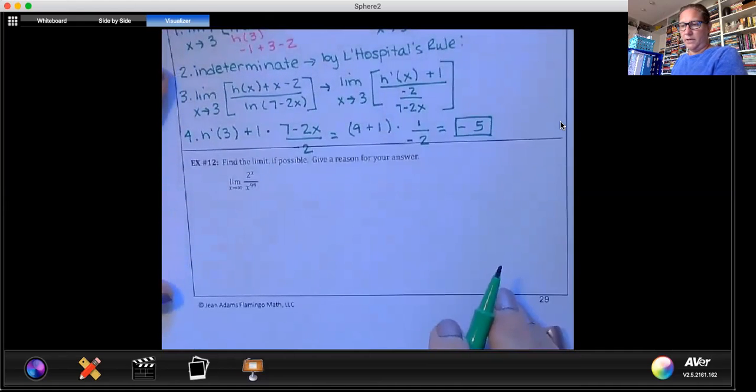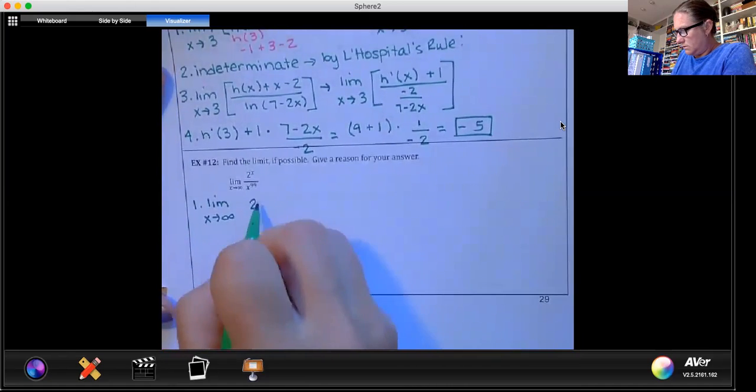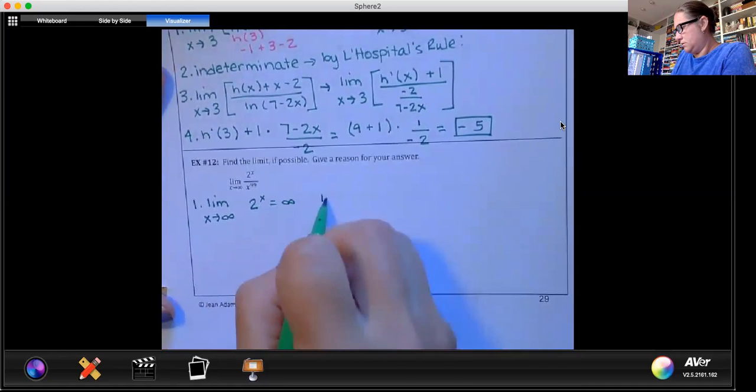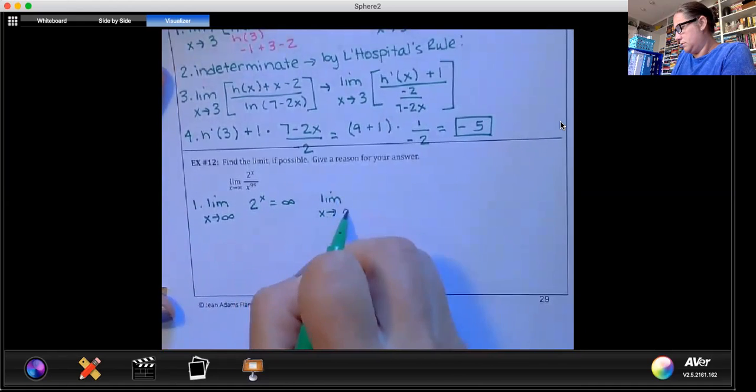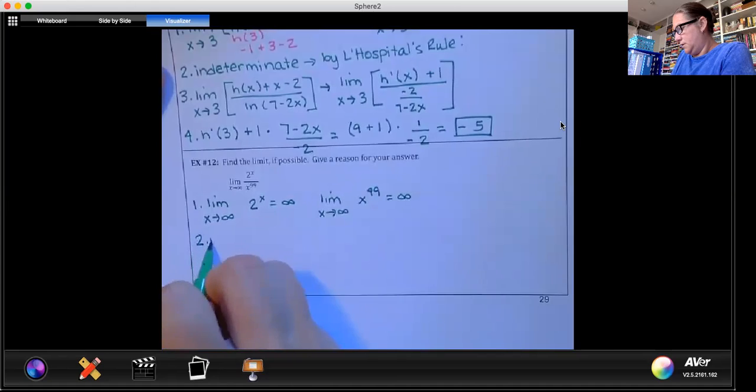It's pretty big numbers here for problem number 12. It doesn't mean you do anything any differently. Obviously indeterminate here.